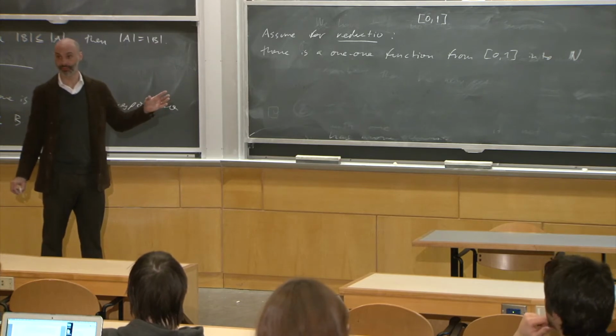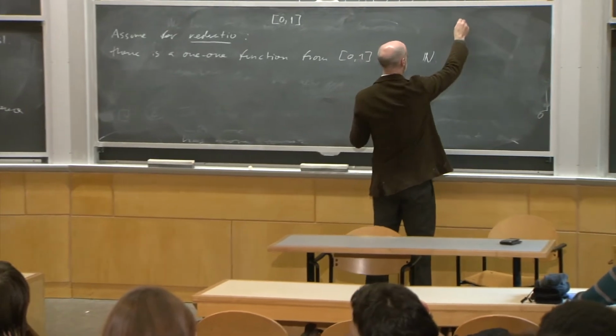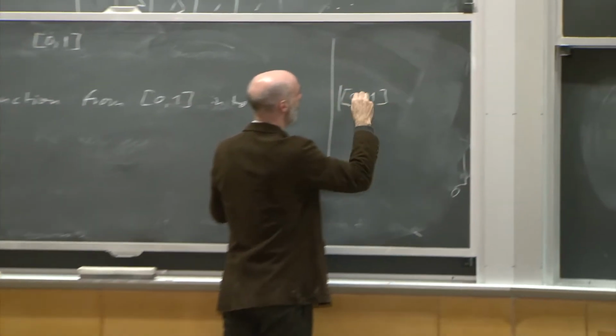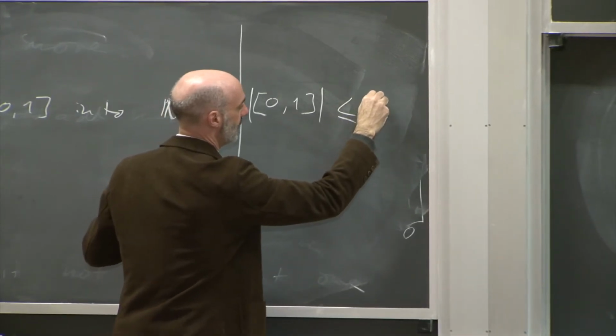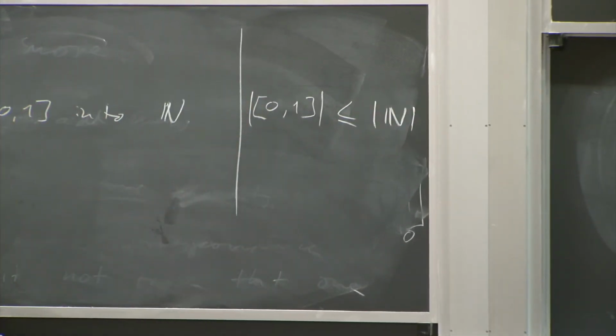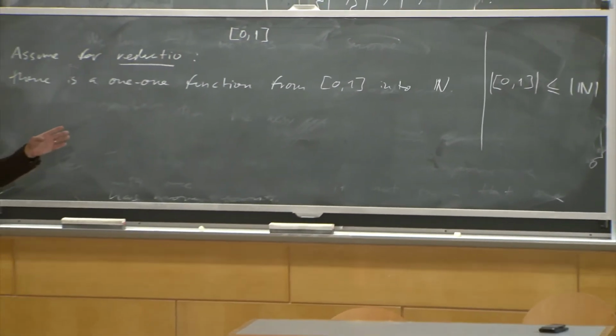natural numbers. So notice, if that were true, then we would know that the cardinality of that set is smaller or equal to the cardinality of the natural numbers.